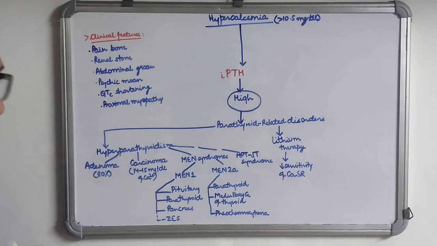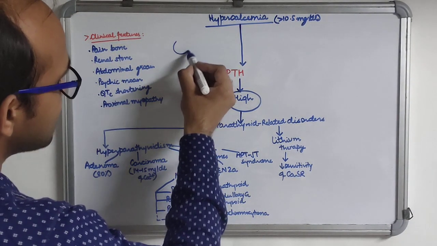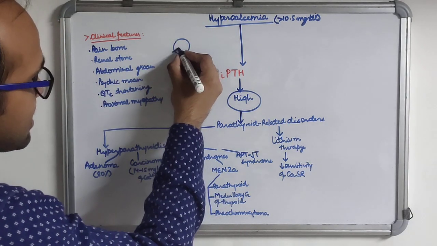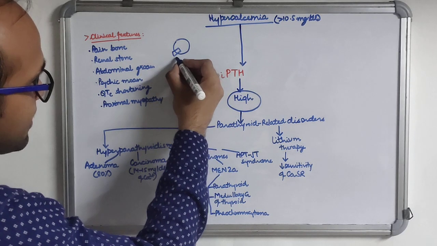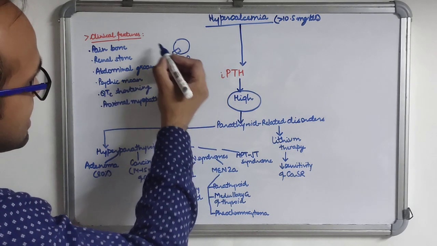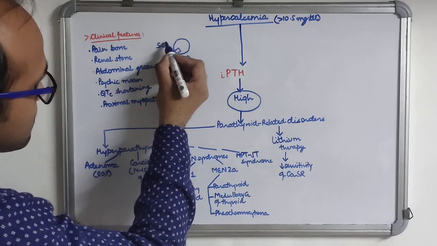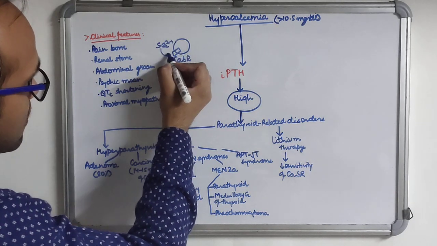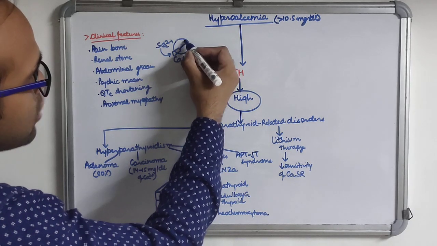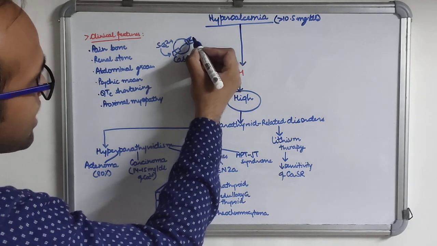As I discussed yesterday, suppose it is a parathyroid secreting cell. Here there is a calcium sensing receptor. It senses the serum calcium concentration and accordingly regulates the release of parathyroid hormone.